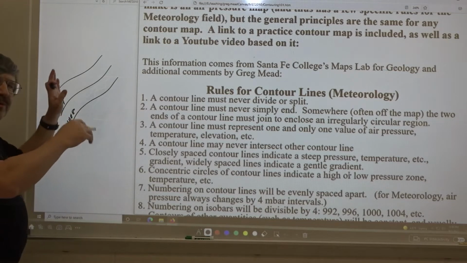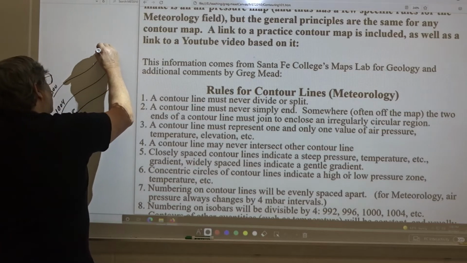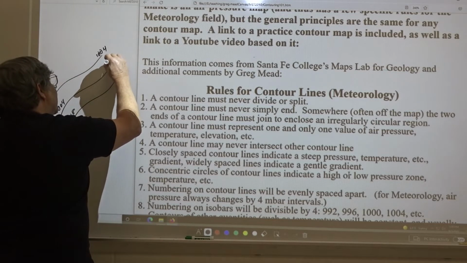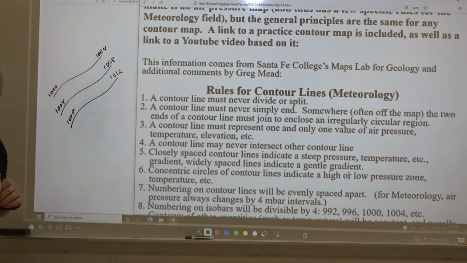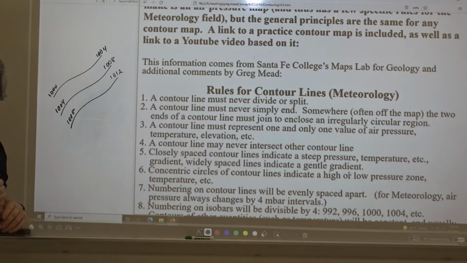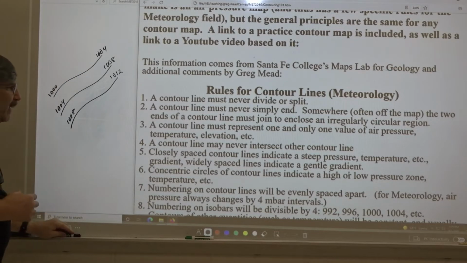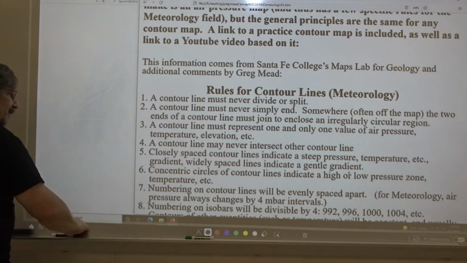And they'll follow these around and they'll lose track. And they'll start calling this 1004, 1008, 1012, something like that. And this is obviously wrong, since the definition of a contour line is a line representing one air pressure, temperature, elevation, something like that, you can't have two values associated with it. So this is simply a matter of making mistakes, so you want to avoid that.